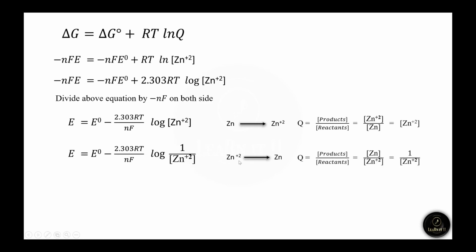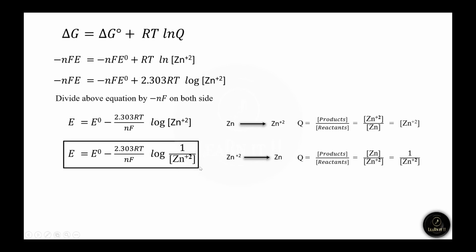Here we have taken reduction reaction. That's why Q becomes 1 by Zn+2, concentration of Zn+2. So this relationship is the link between the electrode potential with concentration of the electrolyte, other than the standard conditions.